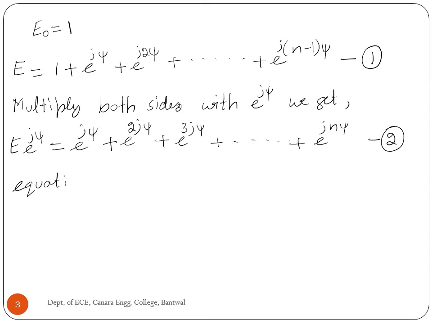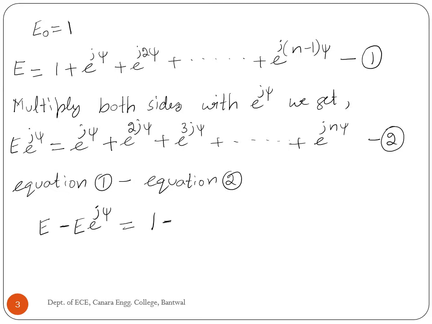Equation 1 minus equation 2, we get E minus E e to power j xi, which is equal to 1 minus e to power j n xi.